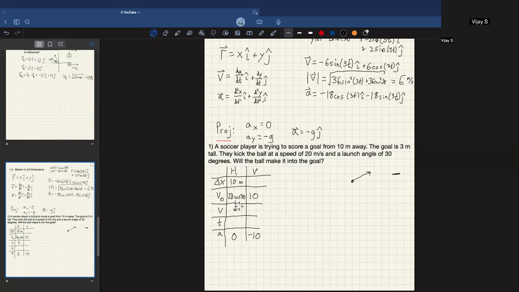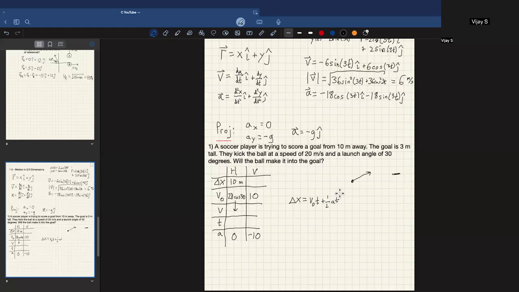So let's go ahead and find time using just horizontal values. That one's actually pretty easy because we don't really care about the final velocity here. So you can say that delta x is equal to v naught t plus 1/2 at squared. But our horizontal a is 0.